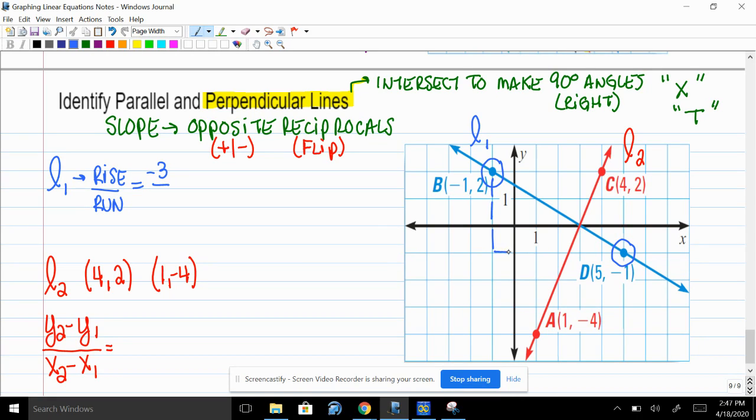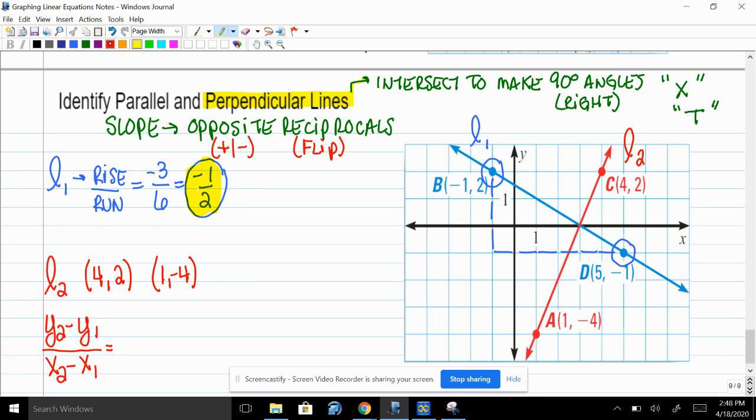And then I'm running 1, 2, 3, 4, 5, 6. So your run is 6. -3/6, which is -1/2. So the slope of L1 is -1/2. I'm just going to highlight it so I can come back and refer to it.